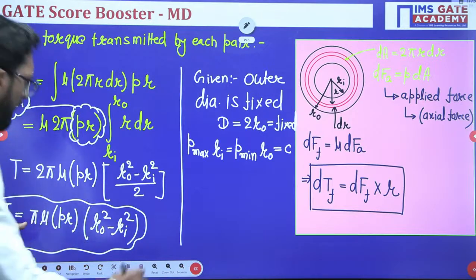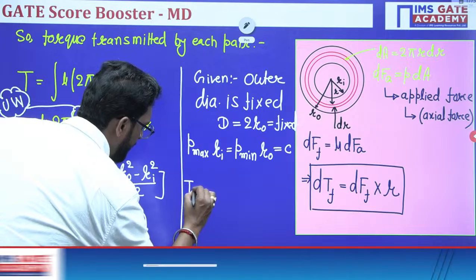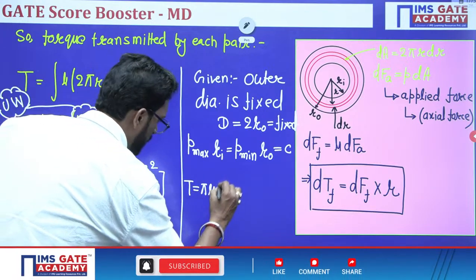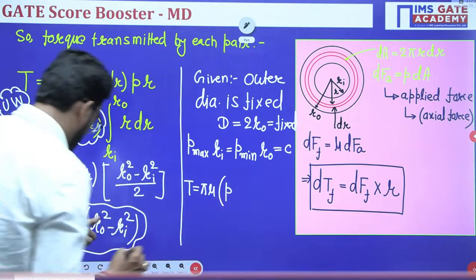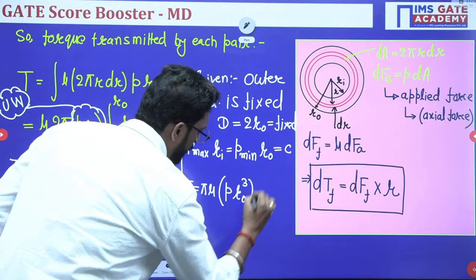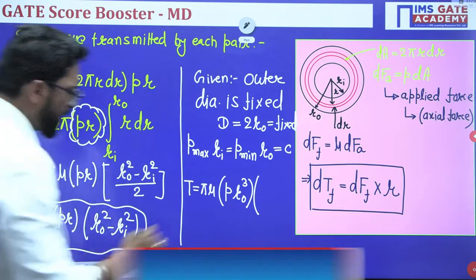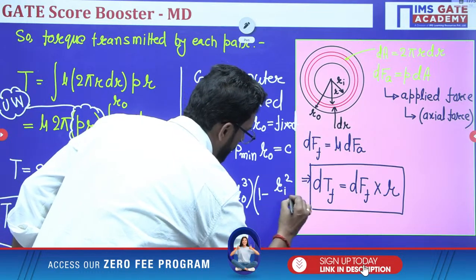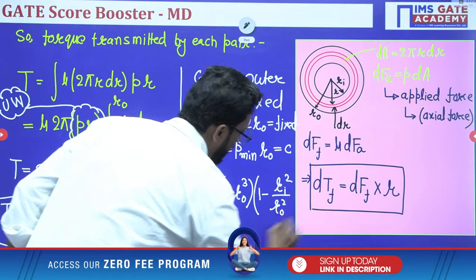So, here we have to write T is equal to pi mu P Ro cube into 1 minus Ri square by Ro square. Yes or not?